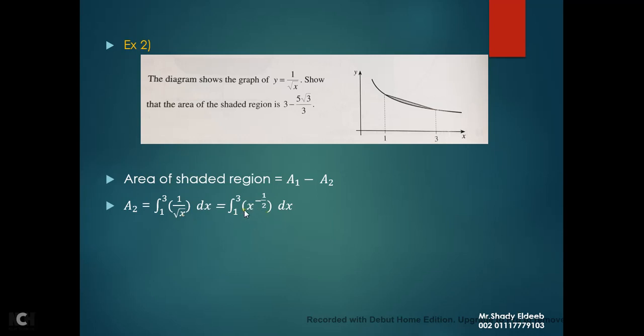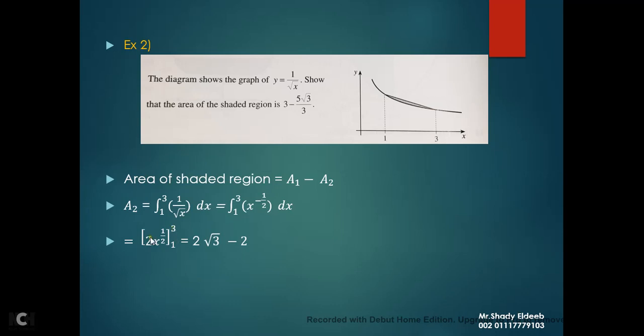To write it like that, it will be x to the power negative half. Integrate it by adding 1. Here 1 plus negative half is half. Okay, and we will write 1 over half. It will be 2 as the coefficient here. And of course from 1 to 3, by substituting, you get 2 root 3 minus 2.